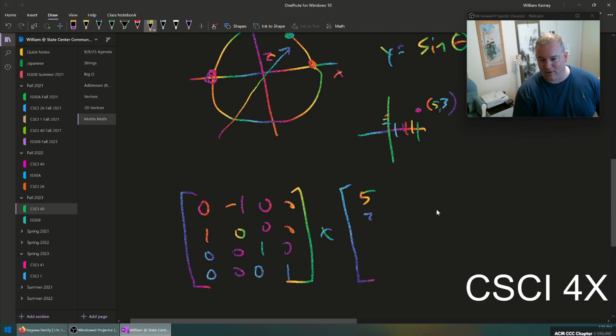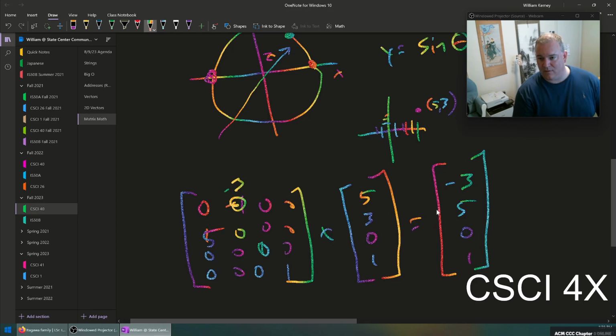So x is 5, y is 3, z is 0, and we always have 1 at the end to make the math work out. We multiply down, add across. This guy becomes a 5, this guy becomes a -3, this guy becomes a 0. We add across, and we end up getting -3, 5, 0, 1.